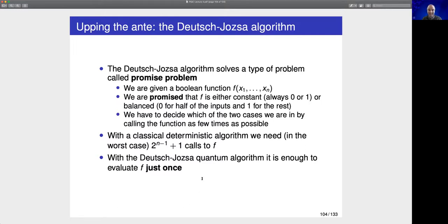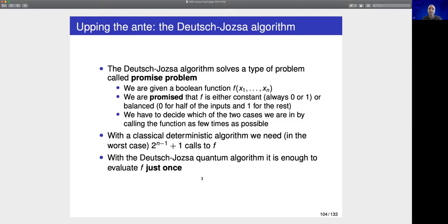Notice that this does not include all possible Boolean functions. There are many Boolean functions which are neither constant nor balanced, okay? In the case of one variable, all functions are either constant or balanced. That is Deutsch's problem. But now, not all Boolean functions of n inputs are constant or balanced, okay?